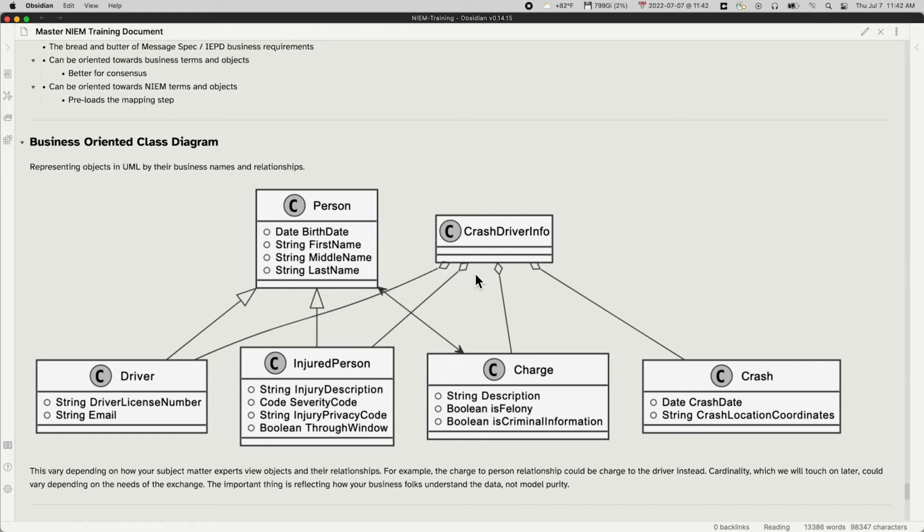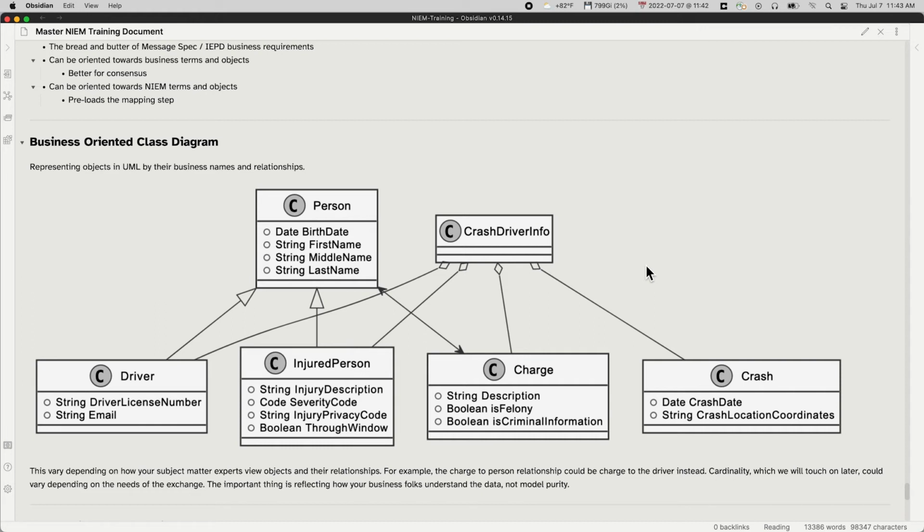And then finally you have those weird lines with the diamond ends on them. And so all the 4 things at the bottom all point up to the crash driver info with these open diamond arrowheads essentially. What those represent is that crash driver info is made up of these 4 things, and the open diamond means that each of those 4 things is a standalone concept on its own.